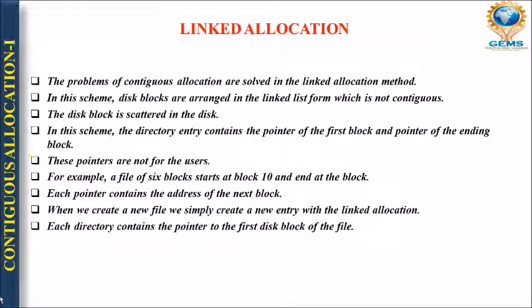In that table, we maintain all the states of the pointers that we are using for the files. When the pointer is nil, that means it is an empty file. A null pointer means the file is going to end.